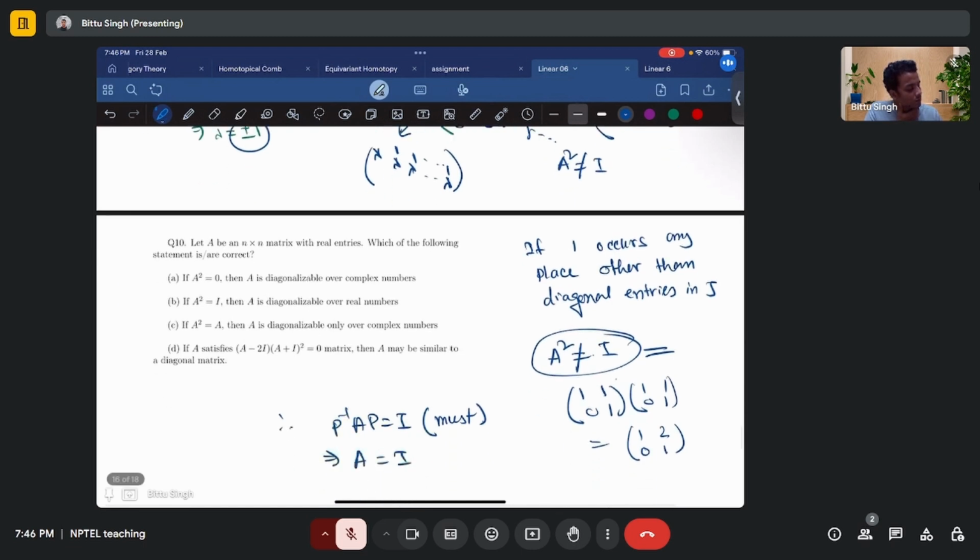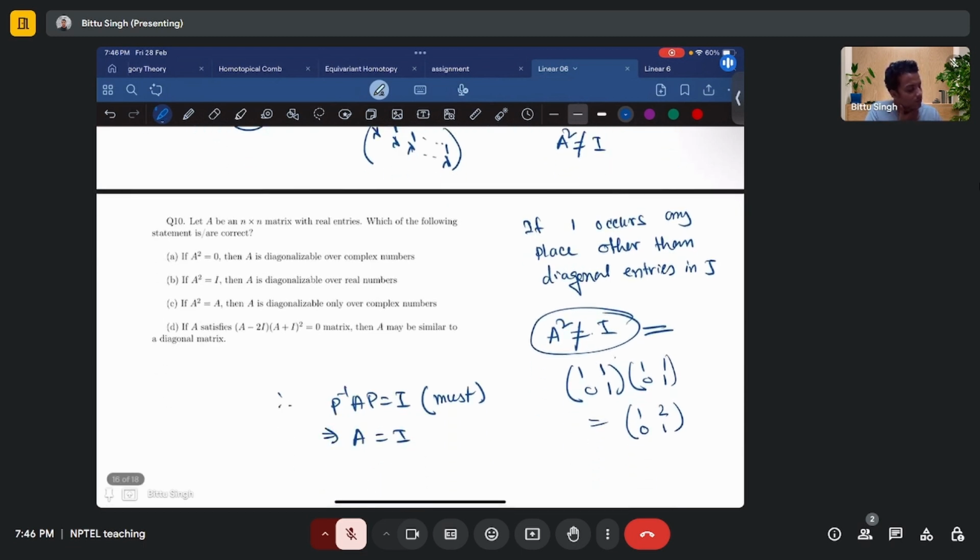So it is not completely identity, but P inverse AP will look like some diagonal matrix with plus minus 1 entries. If we multiply this with P and P inverse, this will give A, which is the same matrix.